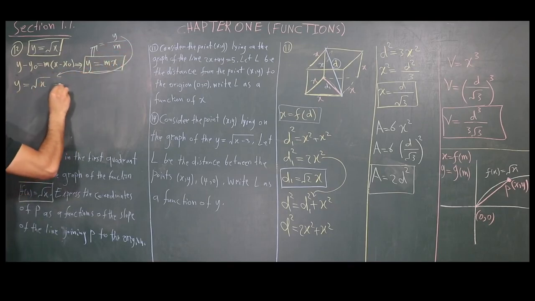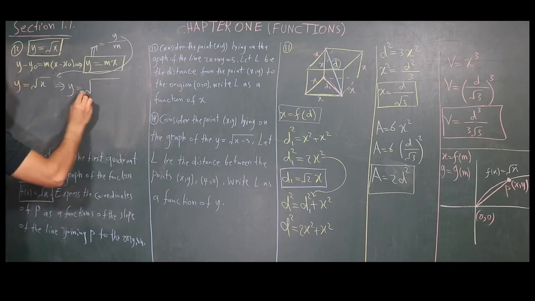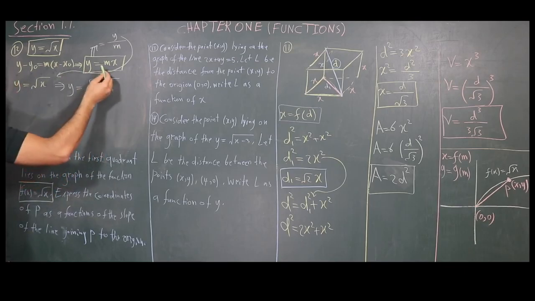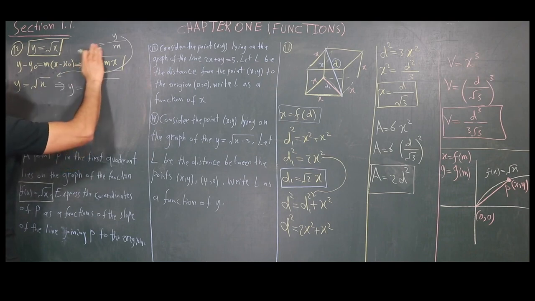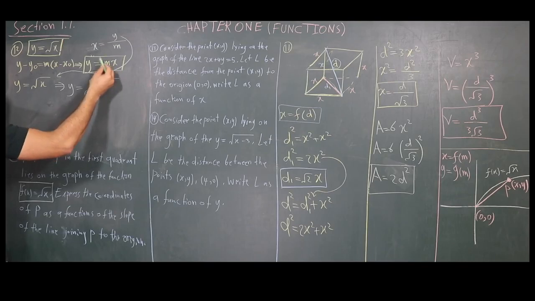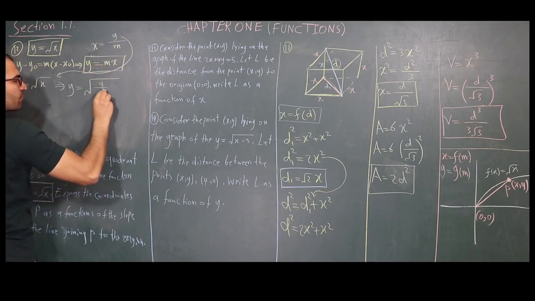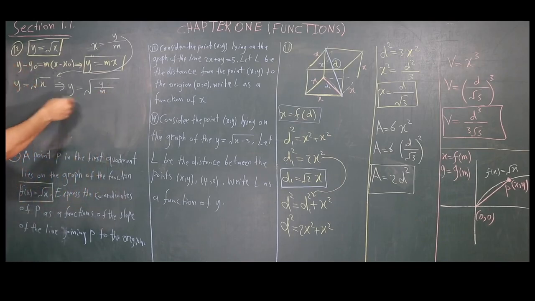So the result will be y equals the square root of, instead of x, I'm going to put y divided by m. I think we can just square both sides, and the result will be very clear.